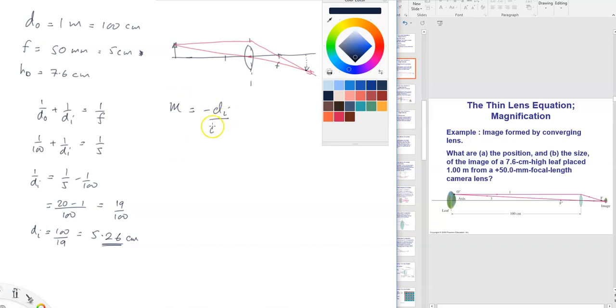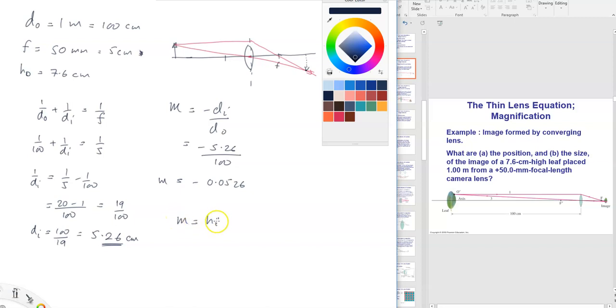Negative DI over DO, negative 5.26 over 100, negative 0.0526. Yep, so that's the magnification. A very small number means the image is going to be very small. It's negative, which means it's upside down. That also matches with what we have. So what's the image height?